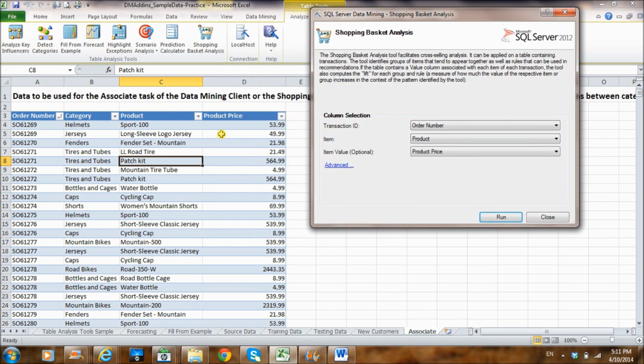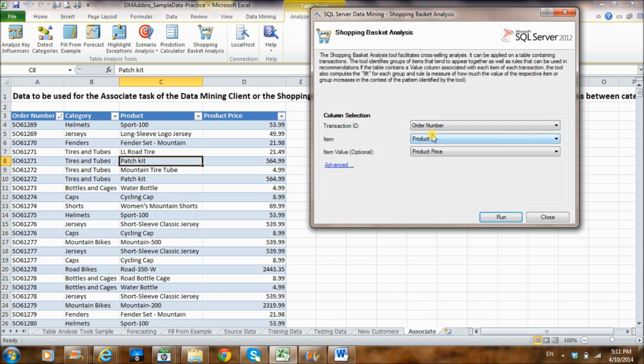There's also another attribute here. Each product has price information, like a product price. And this advanced option, let's worry about that later. So again, for the transaction ID we're going to use the order number, and each transaction can have many products.